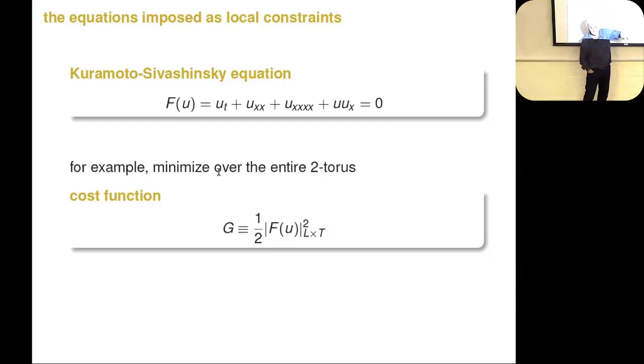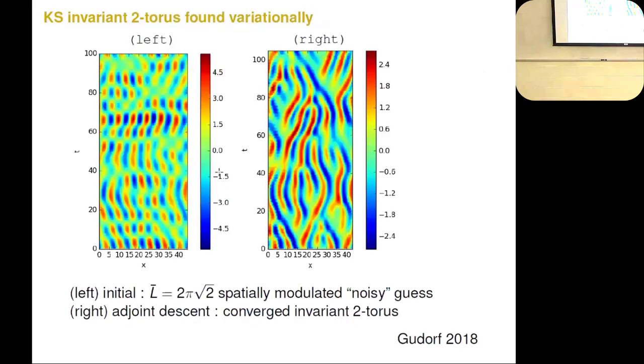If it's not 0, it means that I haven't been good. And we can add up all the squares and minimize that function, and that gives us a solution. And you don't have to integrate the river going down the stream, you just have to solve it. So that's how we actually solve it.